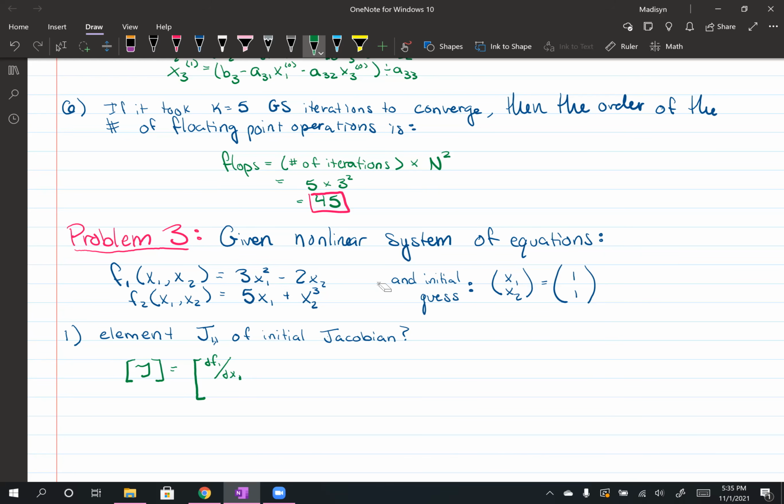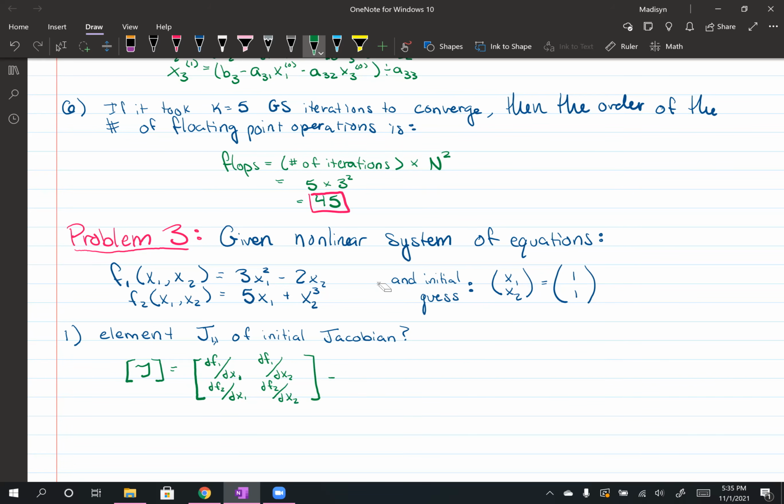Your next component, on your top row, is the partial of function 1 with respect to x2. Now, going down, you change your function number. So function 2 with respect to x sub 1, partial of function 2 with respect to x sub 2. Like that.